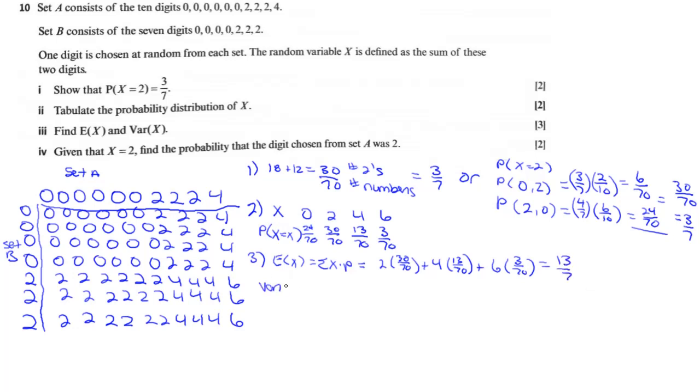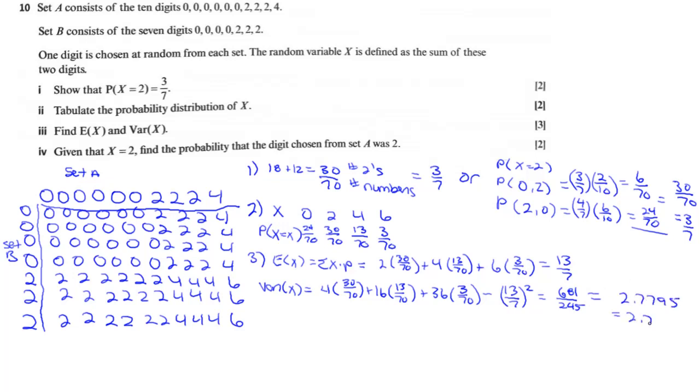Then they want the variance, which is the sum of the X squares times their probabilities, minus 13 over 7 squared. I go back into my calculator and find that it's 681 over 245, which as a decimal is 2.7795, or 2.78.